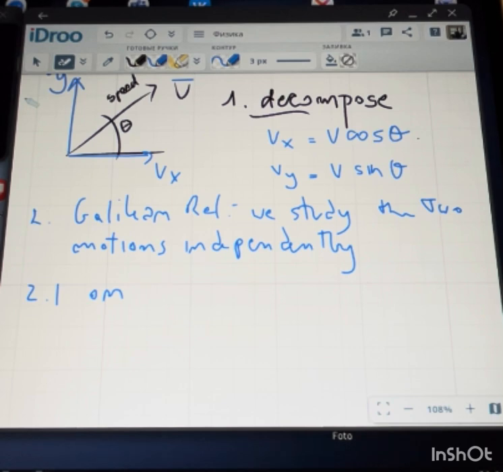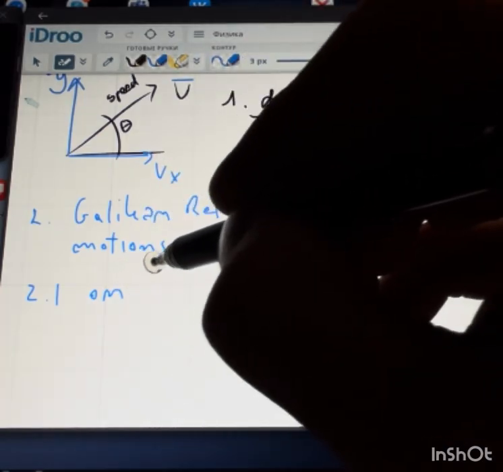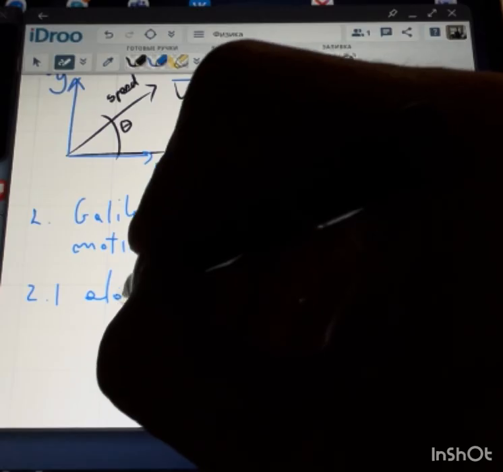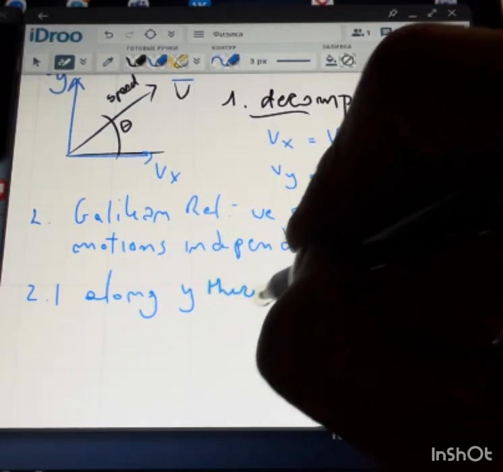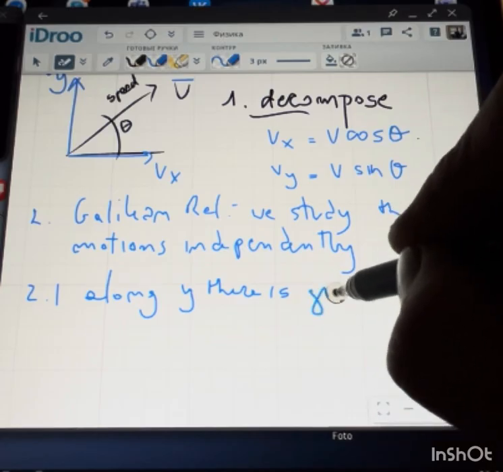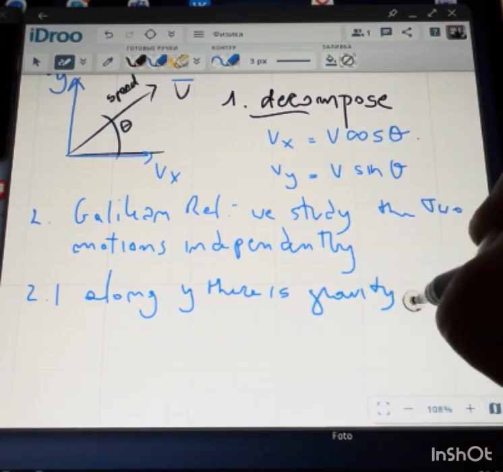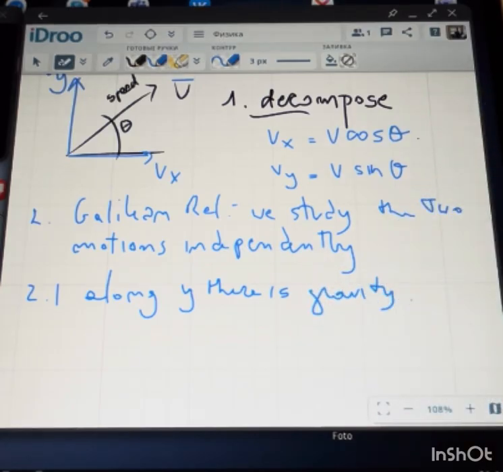One is linear uniform motion. The other one is linearly accelerated motion. Exactly. Along y, there is gravity. Are you already familiar with concepts like kinetic energy, potential energy, and so on, or not yet?